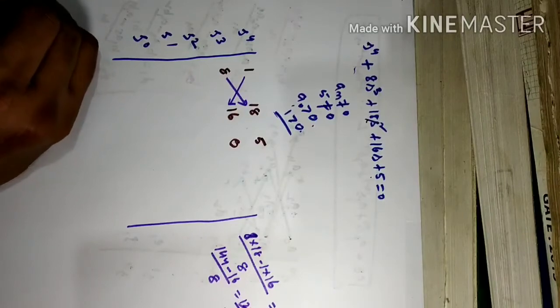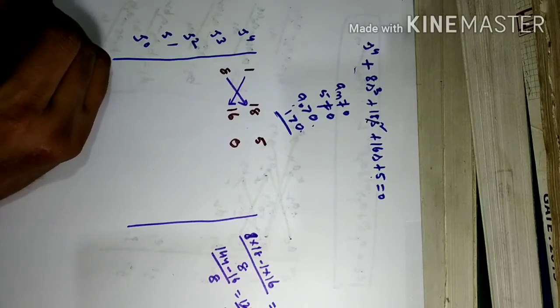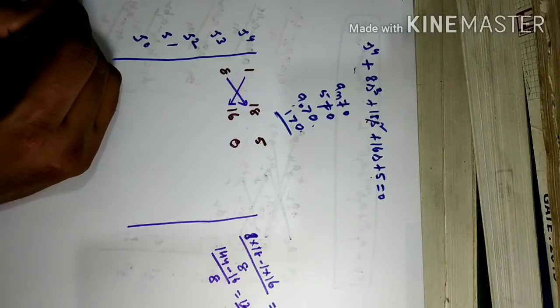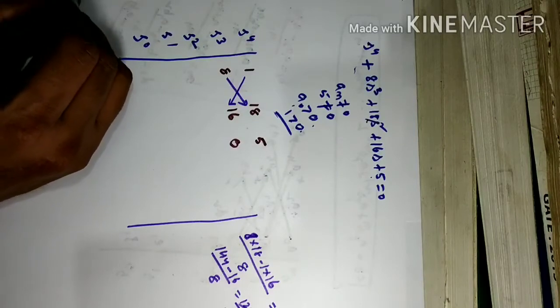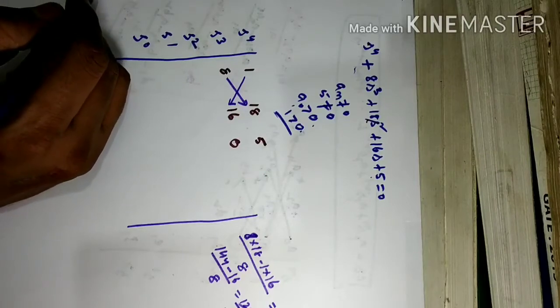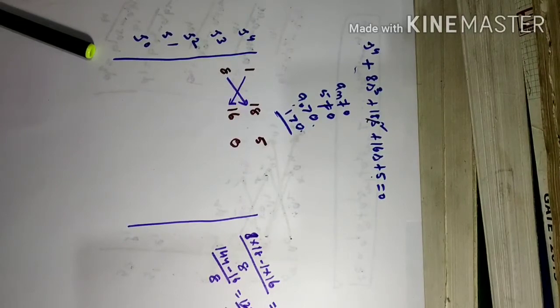You will get this one, 20. So how much will you get here? You will get the value.